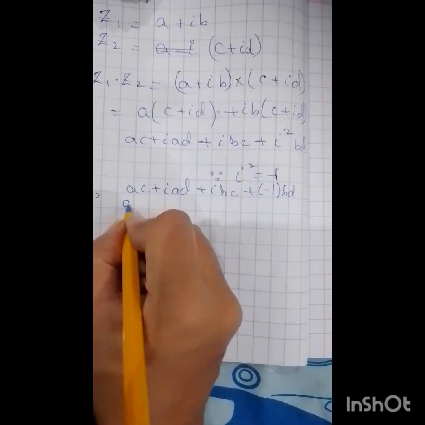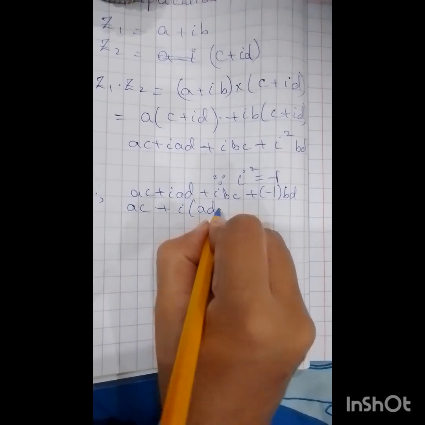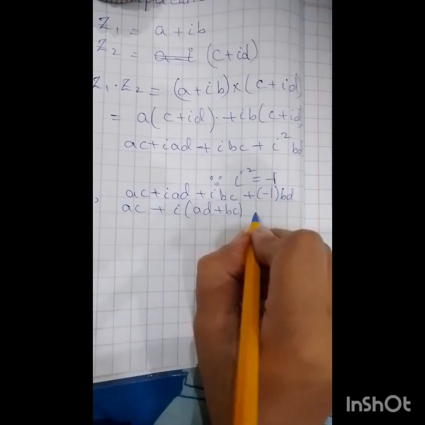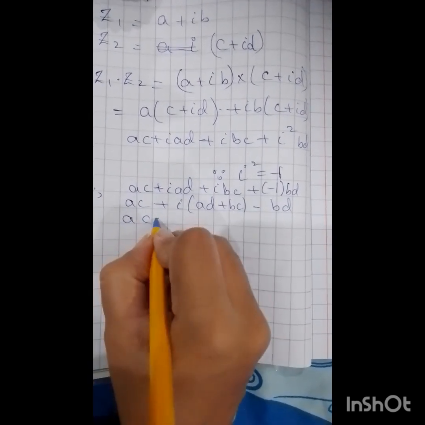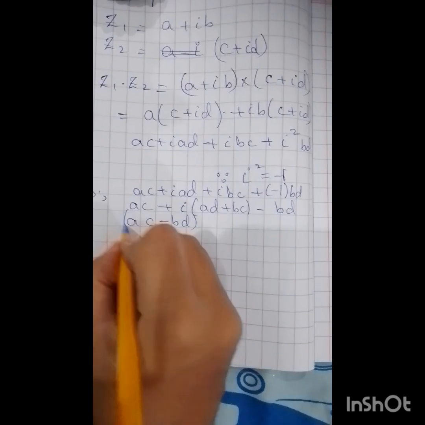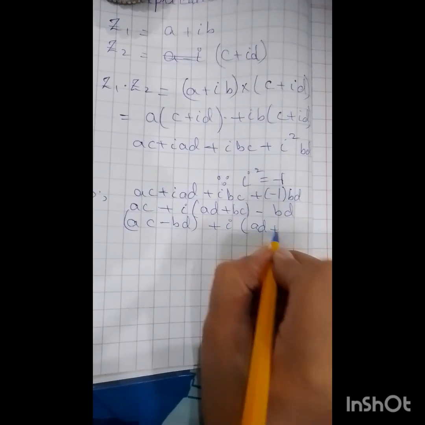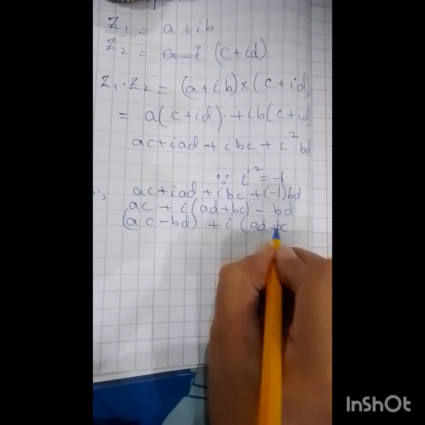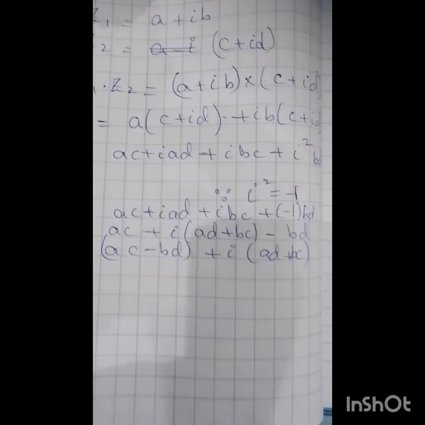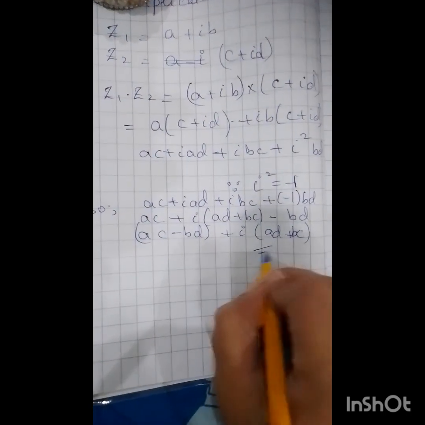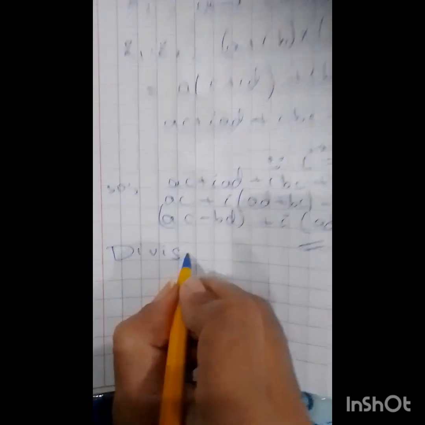Not changing the terms before, showing you a step by step process. Now arranging the real and imaginary parts separately, we get the answer. That's the answer. Now let's move on to division.